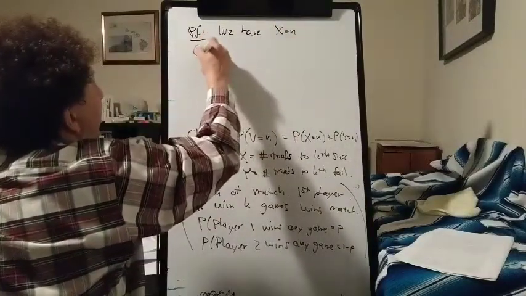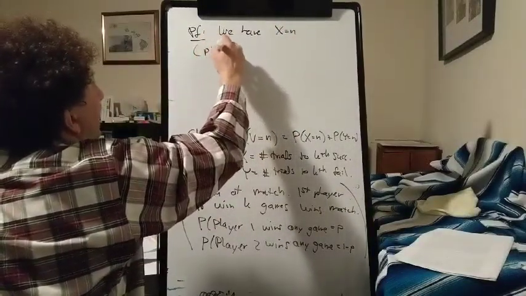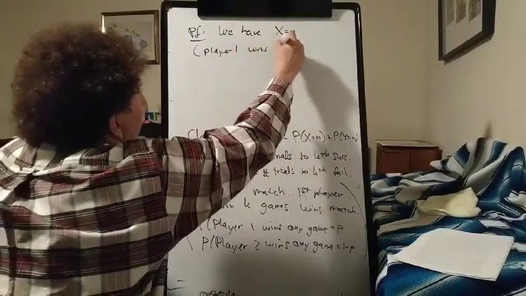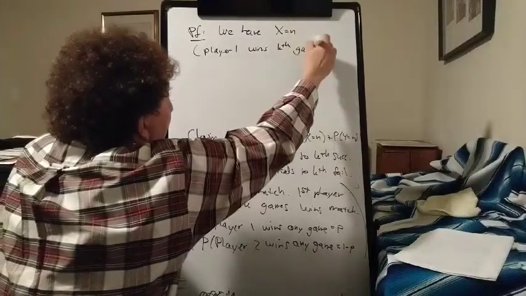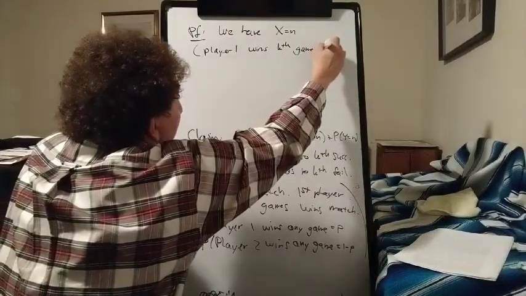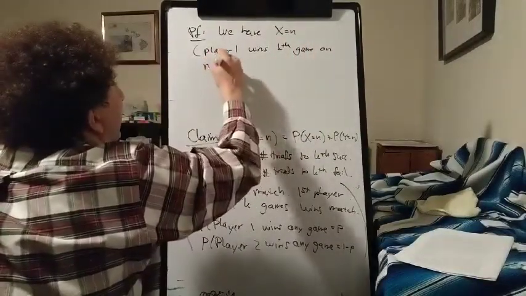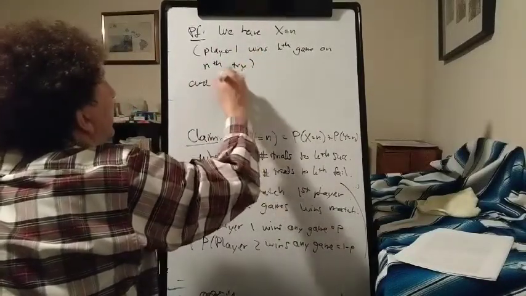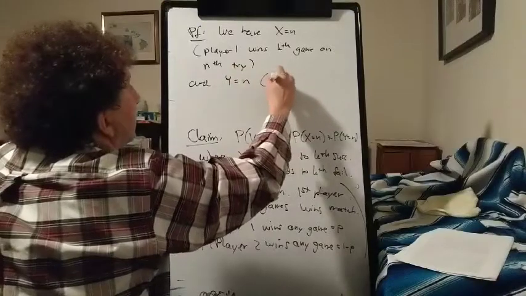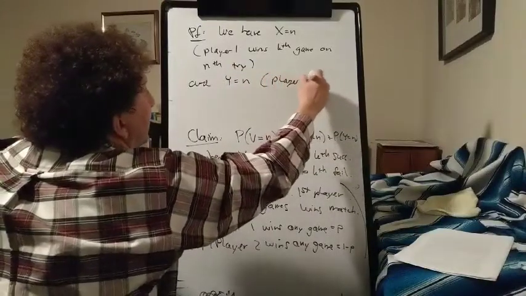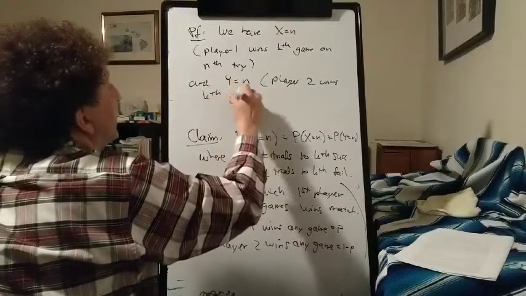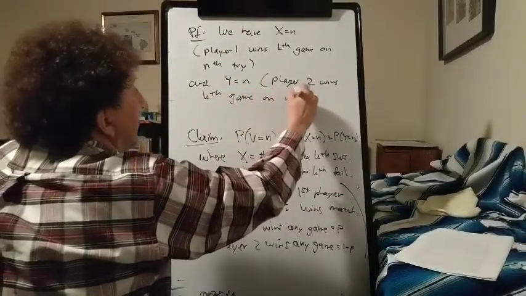So we have X equals n: player 1 wins kth game on nth try, and Y equals n: player 2 wins kth game on the nth try.